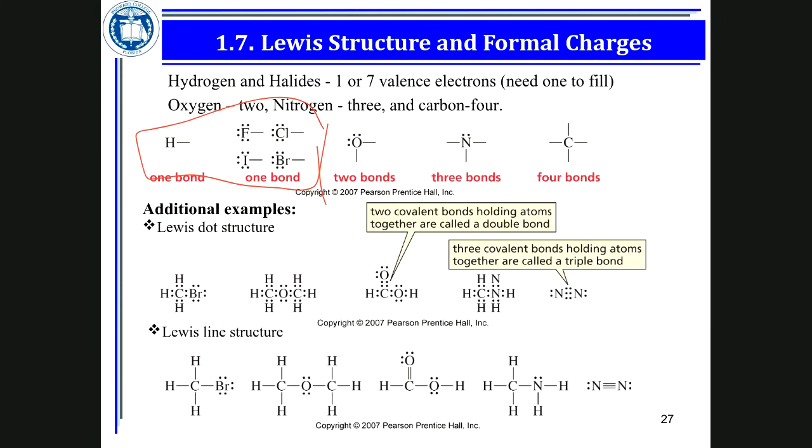Now, the backbone of the molecule is going to be given to you, because for exam 1, you don't have the structural formula for every molecule. After you learn about the functional groups, then you can build the backbone yourself. Like if you know the molecule is an ether, then you have a carbon-oxygen bond.